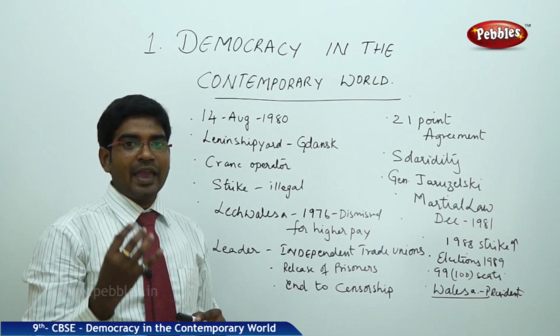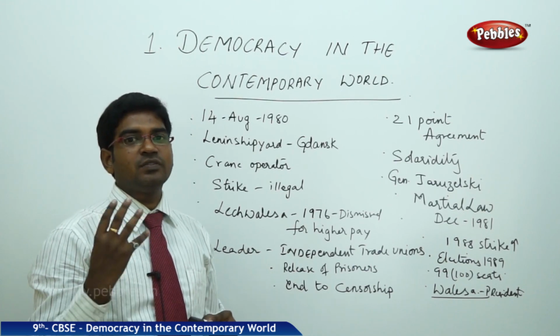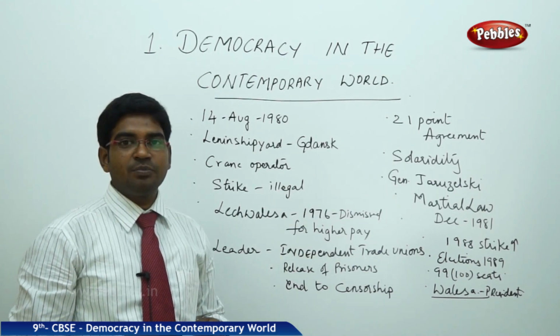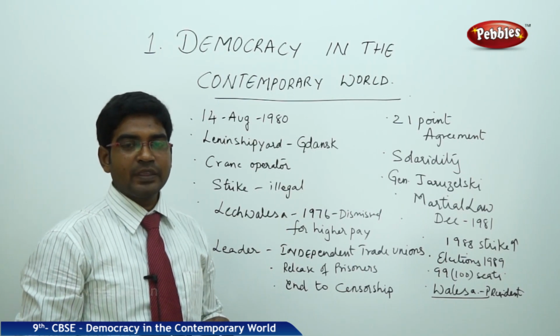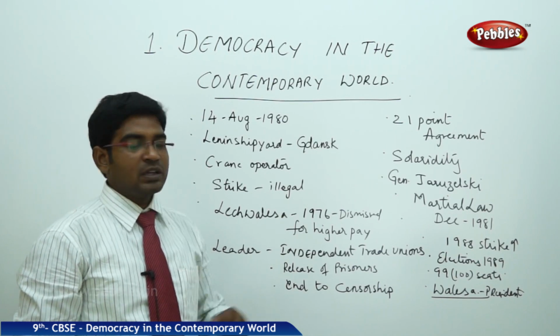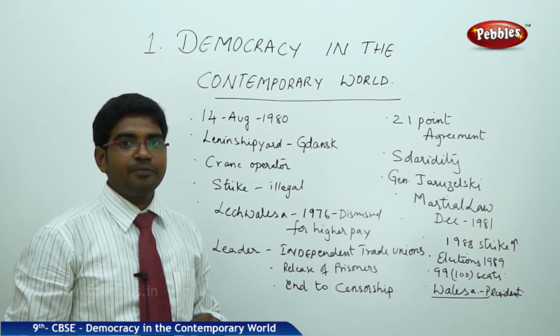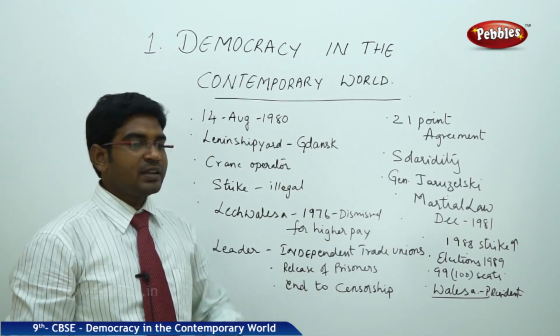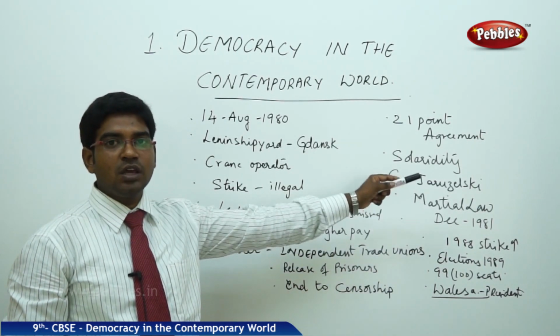People started to get angry towards the activities of the government. So, angered by the actions of the people and Lech Walesa, General Jaruzelski, the then ruler of Poland, imposed martial law in December 1981.